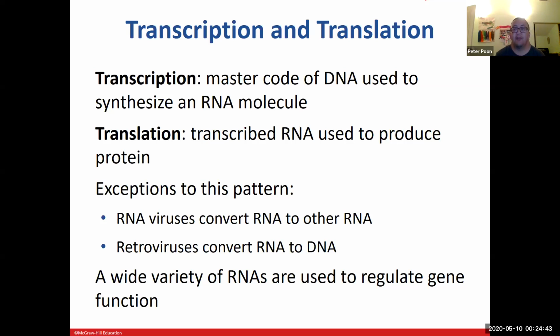You'll probably see that in some literature, but really they're talking about the RNA. There's no actual DNA in the virus. Retroviruses: retro means to go backwards. Retroviruses convert RNA to DNA.